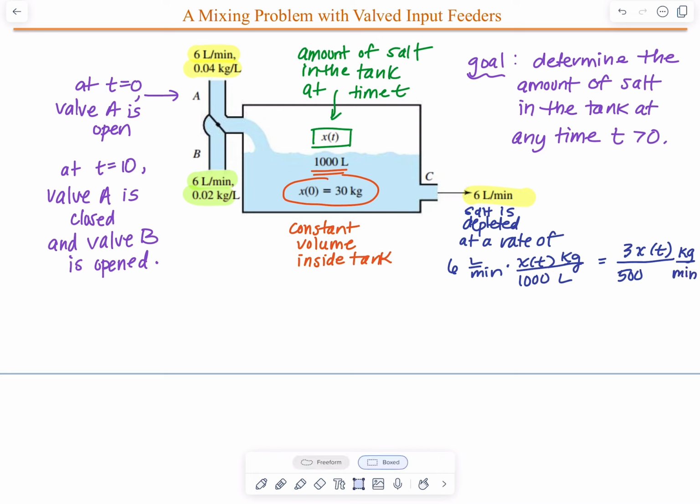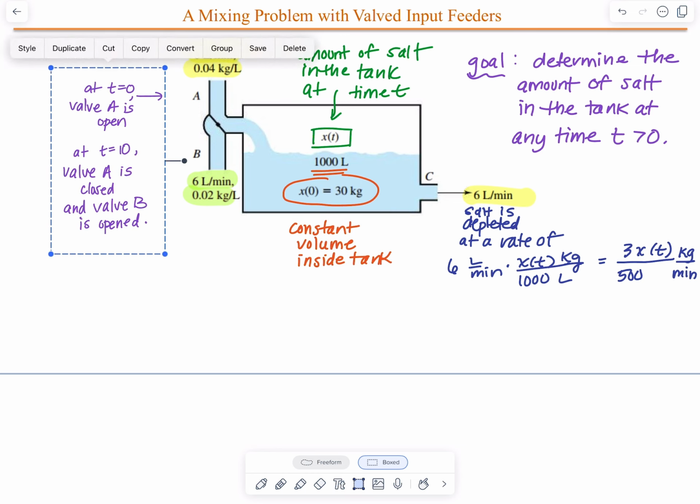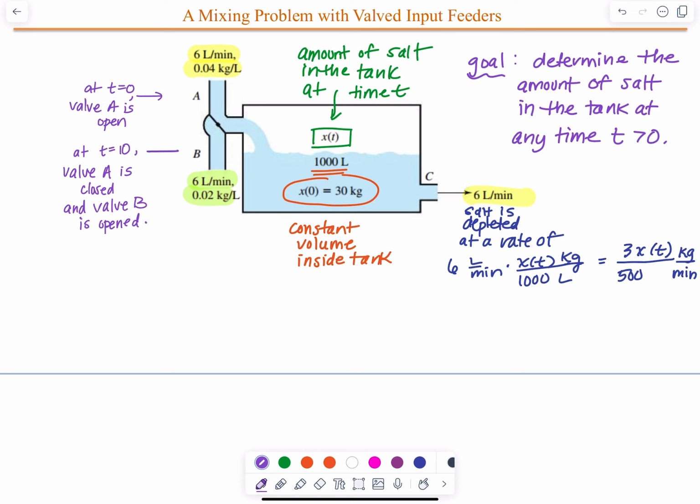Now, let's talk about the salt that enters the tank. As you can see here, that volume of salt depends on which valve is open. So we will go ahead and call this the salt is enriched at a rate of G of t.